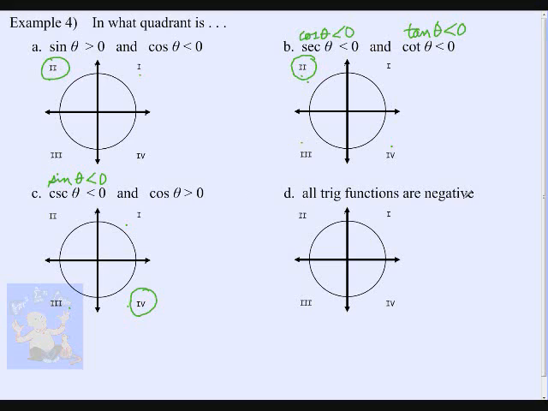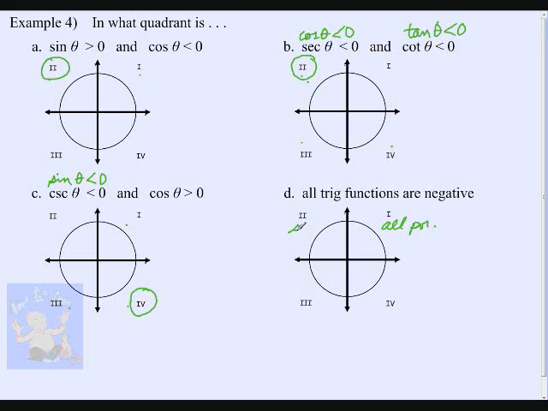All trig functions are negative. What? Where would that happen? Yeah, it's a trick. All trig functions are positive here, but over here, so let me write that down. All positive here. And what's positive over here? Now this is where I'm asking you to remember that All St. Thomas cousins.